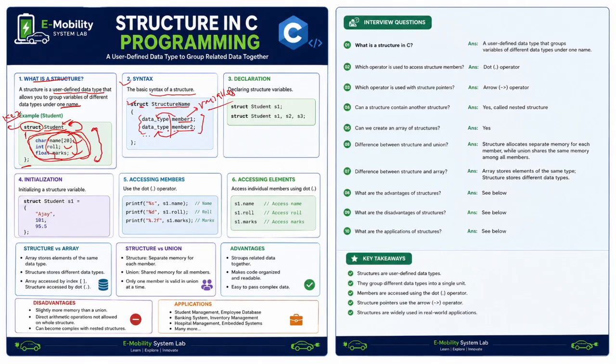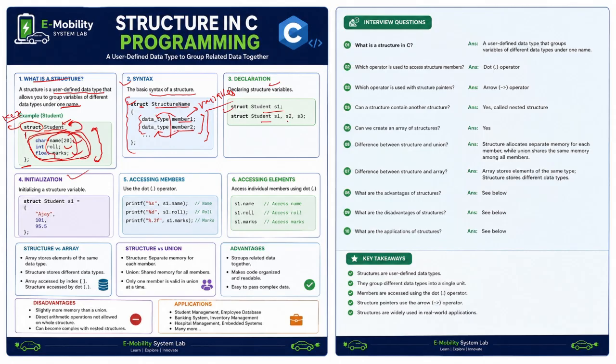It may be integer, float, or character type, but you need to write a structure like this. There are two important things in the structure: one is declaration, another is initialization. So how can you declare the structure?